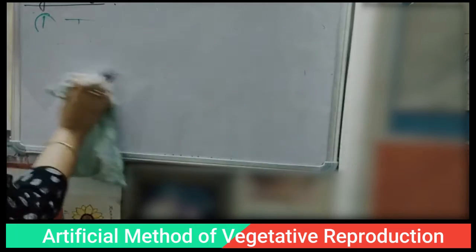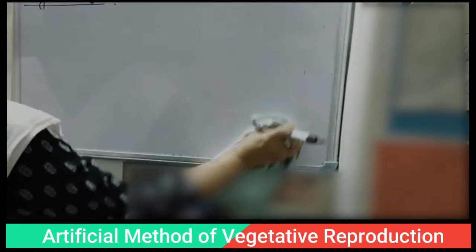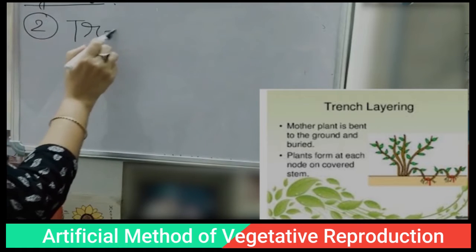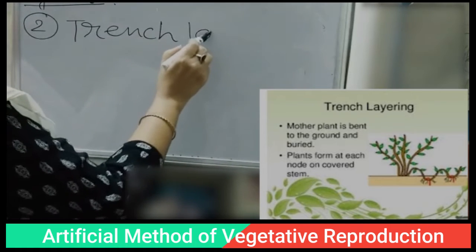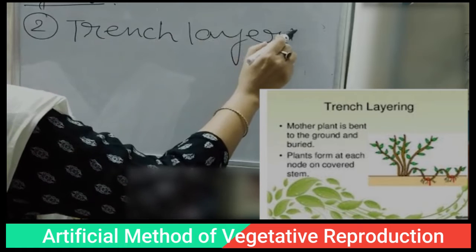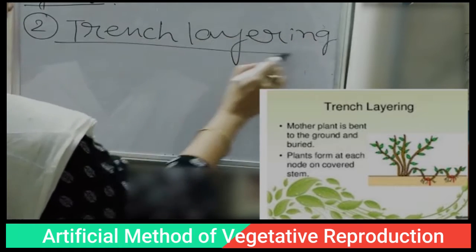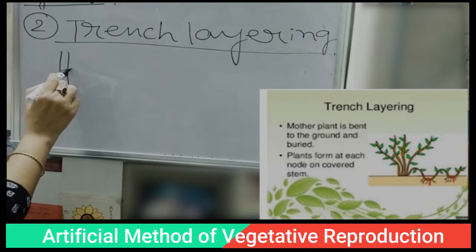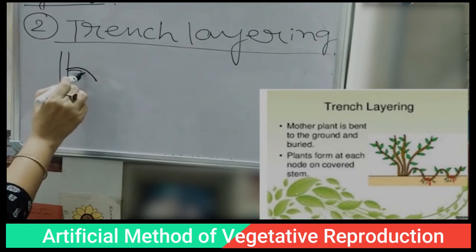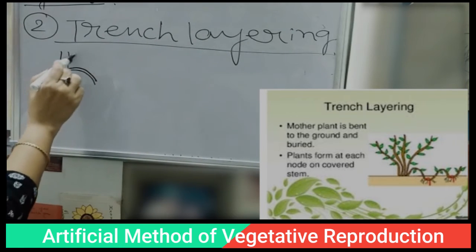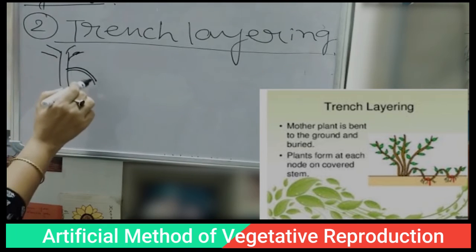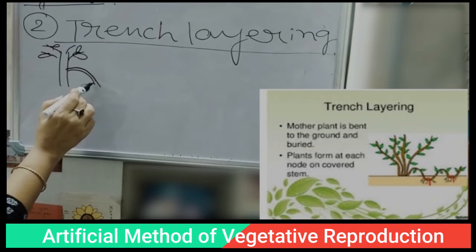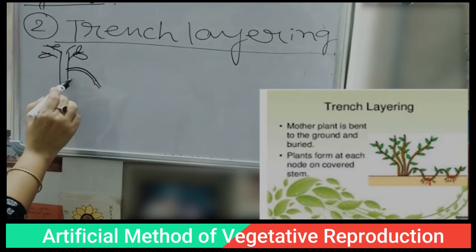Now, the second type is trench layering. Trench layering is also useful in soft stemmed plants. What happens? Same procedure. First we bend a branch and we defoliate it, and we make a trench.